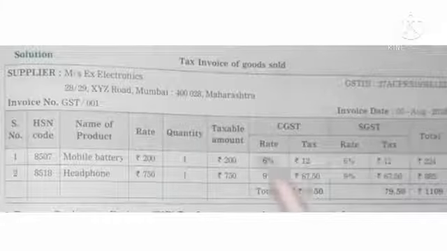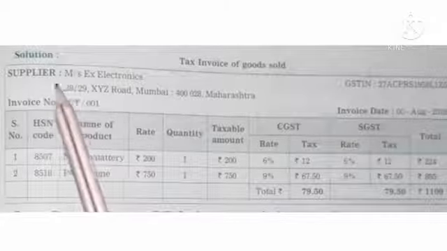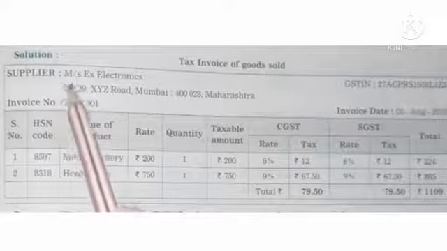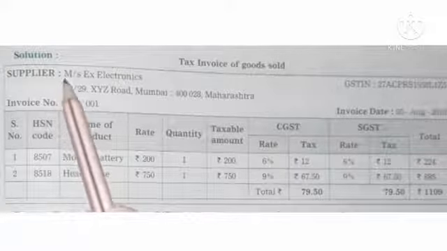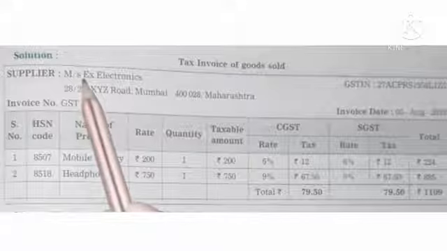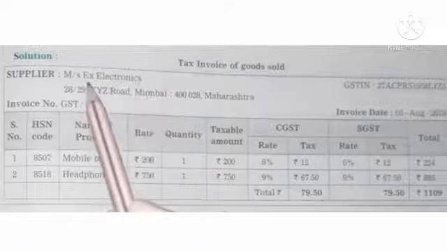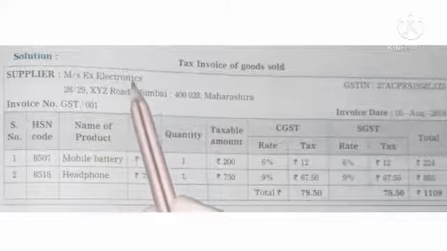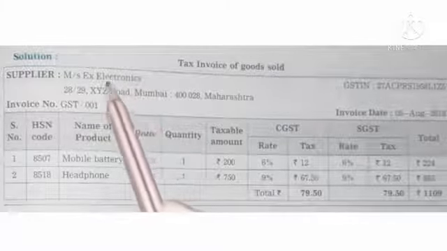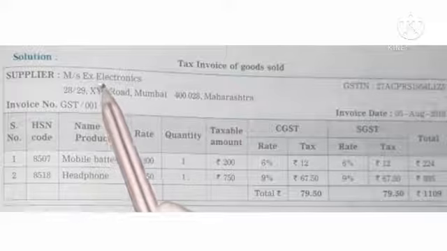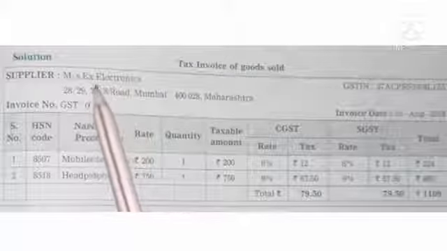So let's start. Here we make the solution. In the question supplier name is not given, so we write Messrs, any name to supplier. Here X Electronics, because it is of mobile battery and headphone, therefore it is of electronics.